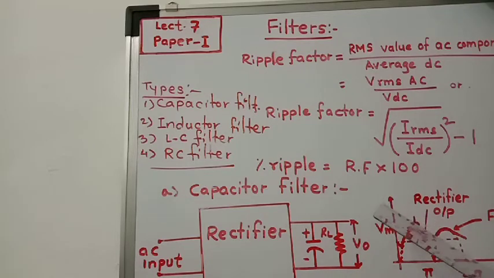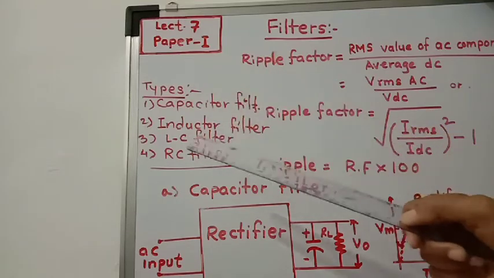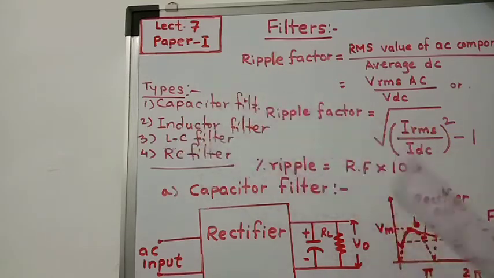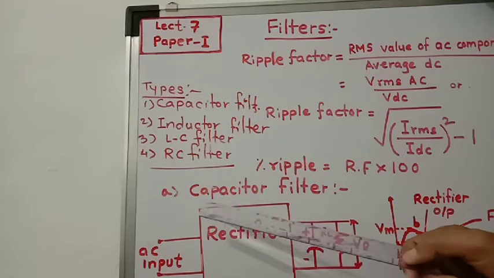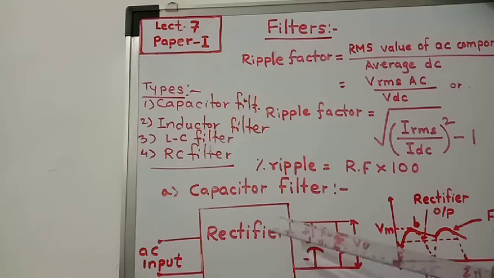Okay. Then there are different types of filter circuits: capacitor filter, inductor filter, then LC filter and RC filter. So here the capacitor filter circuit is shown. The output from the rectifier, which is pulsating DC, is connected to the electrolytic capacitor.